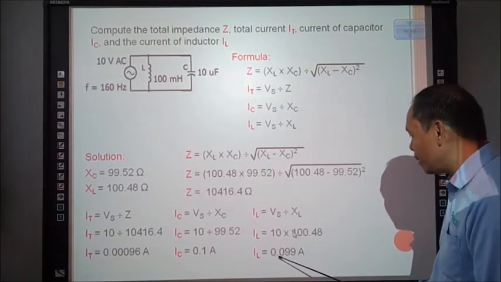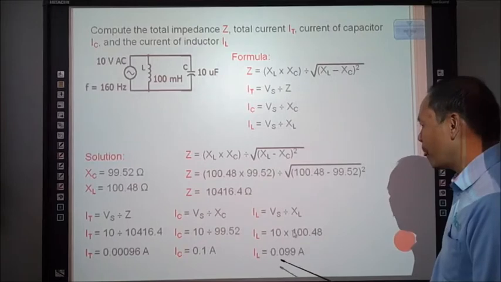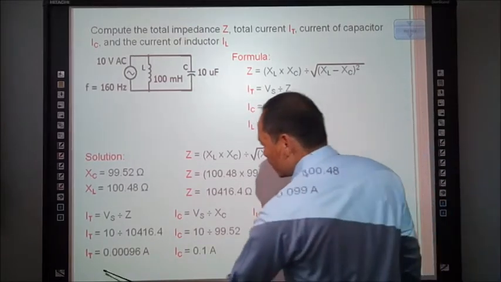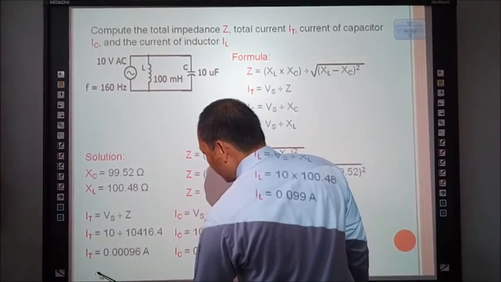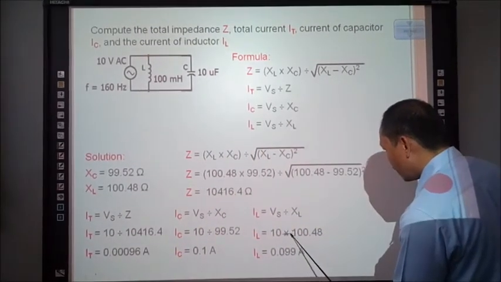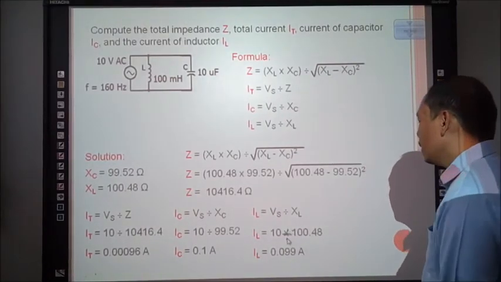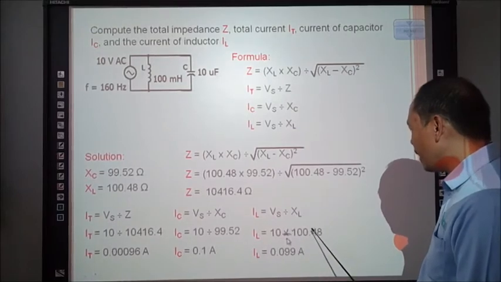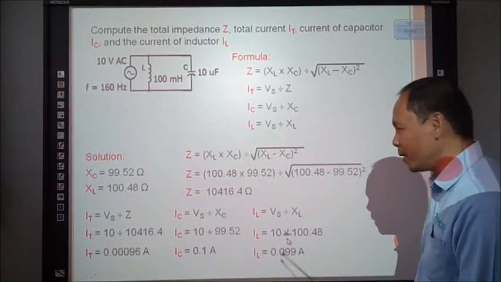So your IL will be equal to 0.099 ampere.